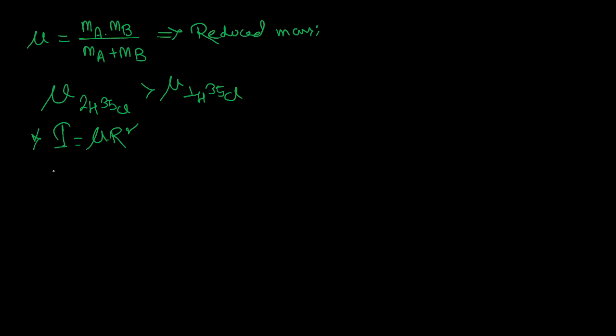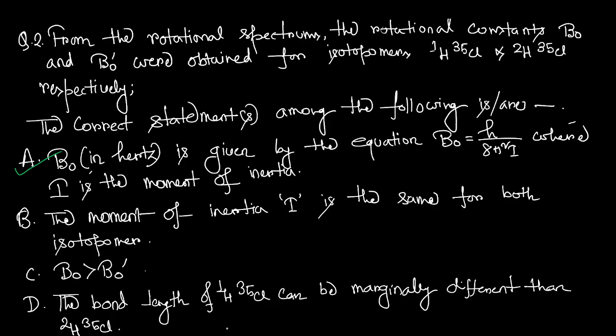Okay, then I of 2H35Cl must be greater than I of 1H35Cl. So the I value, this moment of inertia, should not be the same for both the molecules.